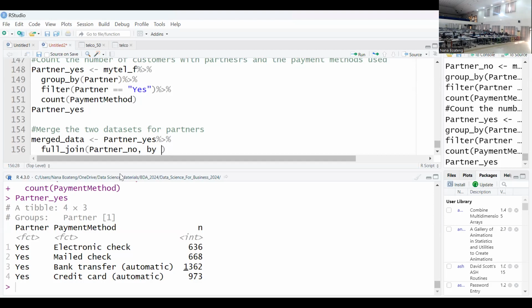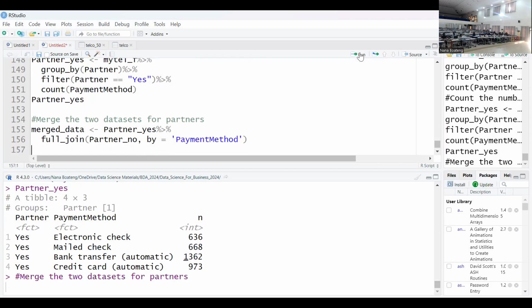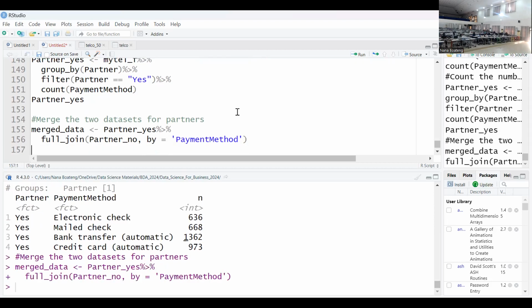Okay, so by is equal to payment method. Okay, that's it. So let's run this. So let's call our merge data.